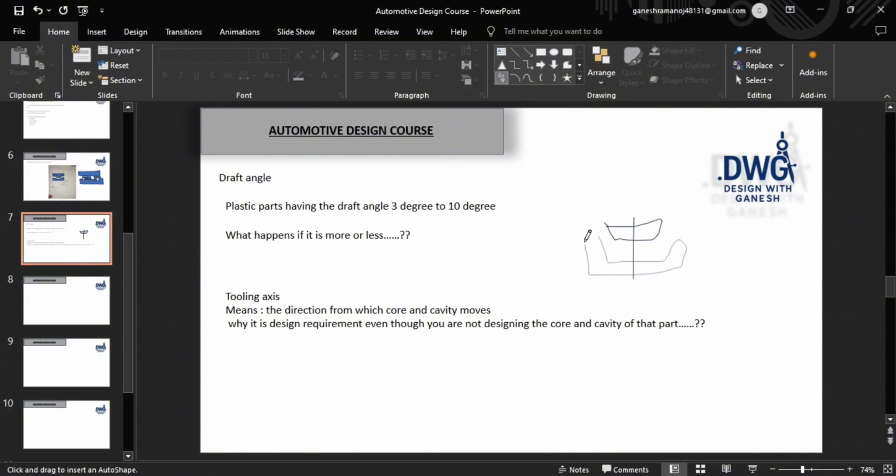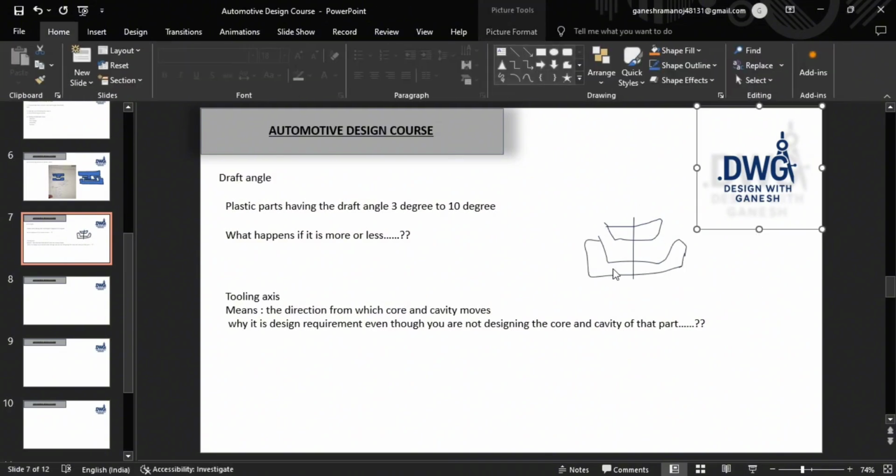You are specifying that this is my tooling axis, and your core and cavity should move along this direction only. That is the meaning of the tooling axis: the direction in which the core and cavity will move.